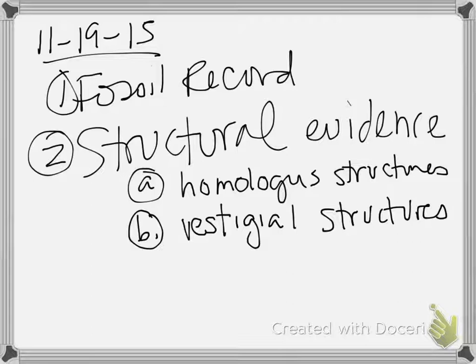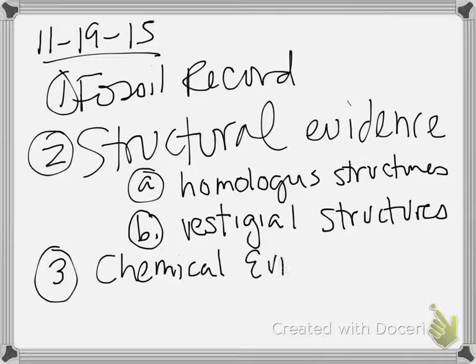They're collections of atoms, so they're the smallest unit of a particular chemical. And this third large strand of evidence is often called molecular evidence. That's what your book calls it. I'm going to simplify that and just call it chemical evidence. Okay?